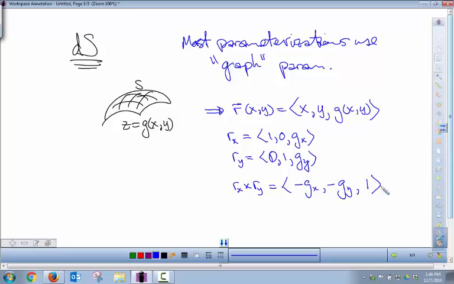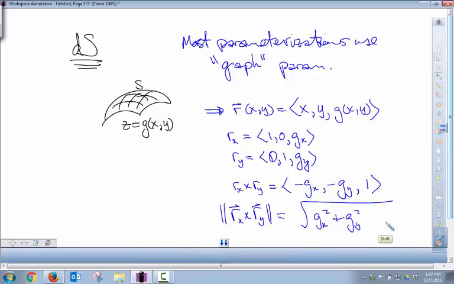And we didn't talk about orientation, but for the vector fields, orientation will be important. But anyways, the magnitude of this is where I want to get at. Well, it's part of the gradient, square root of g_x squared plus g_y squared plus 1. It's that surface area formula that we saw early on in our class.